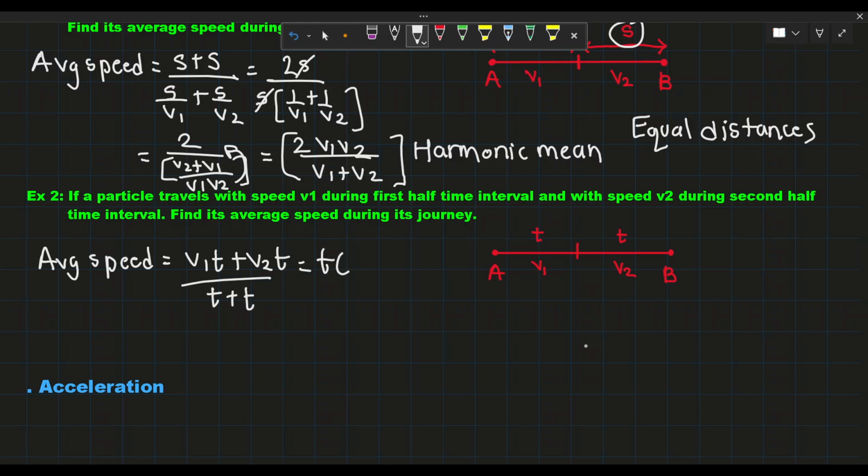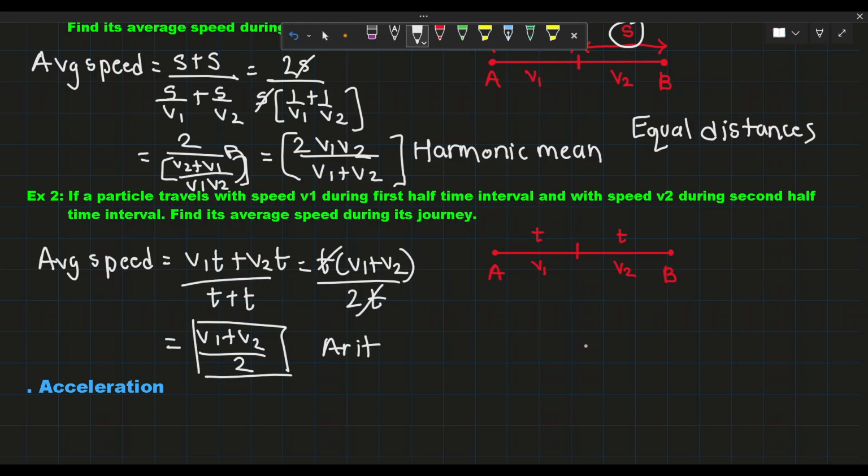Taking t common, v1 plus v2, and this would be 2t. Cancelling out the t, we get v1 plus v2 by 2. This is basically your arithmetic mean, and we'll use this formula when equal time intervals are given.